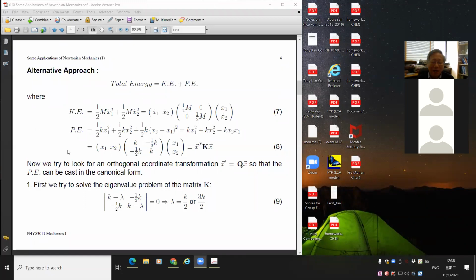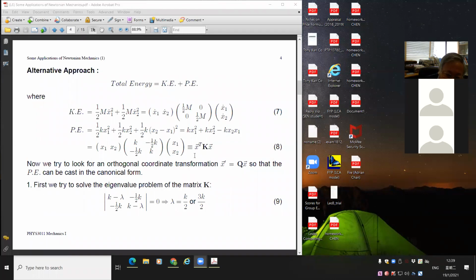Now we try to look for an orthogonal coordinate transformation such that the new vector is equal to the original vector transformed by the transformation matrix Q, so that the kinetic energy can be cast in canonical form.